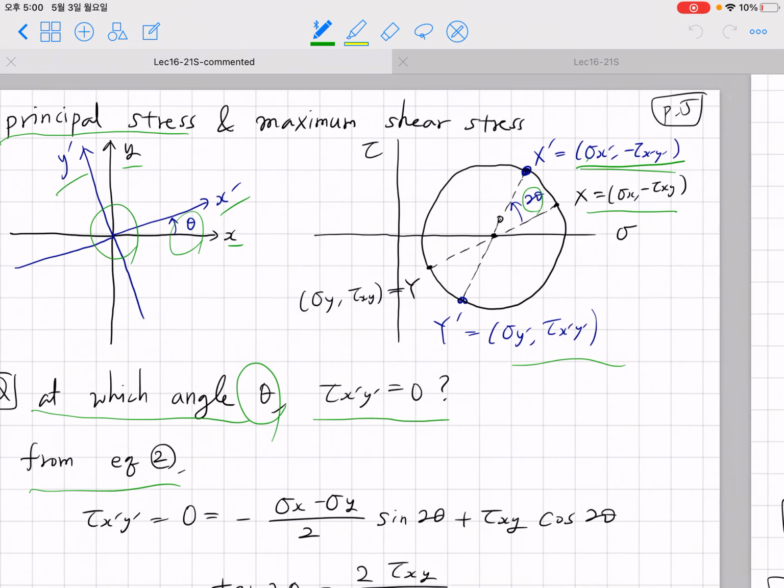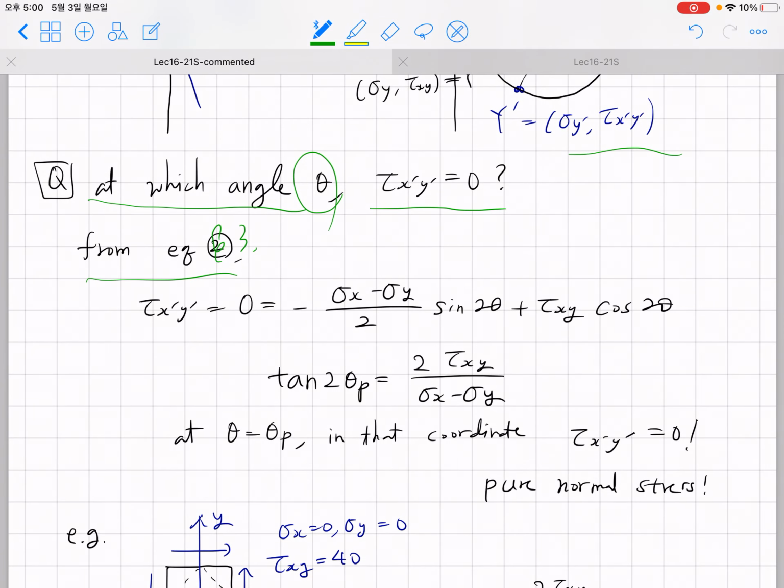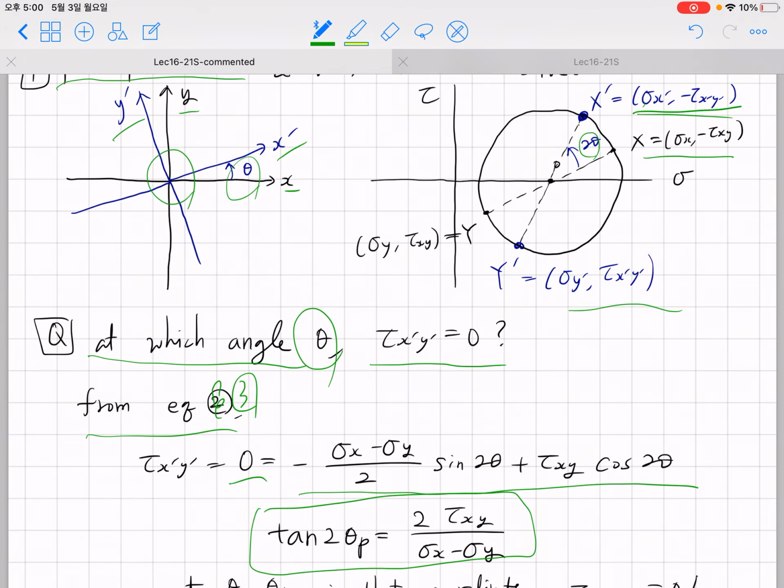If you solve this, you get tangent 2 theta equals 2 tau xy divided by sigma x minus sigma y. You can obtain this angle in this way, or from the Mohr circle, you can do a 2 theta rotation in the counterclockwise direction. Then you can find the angle.